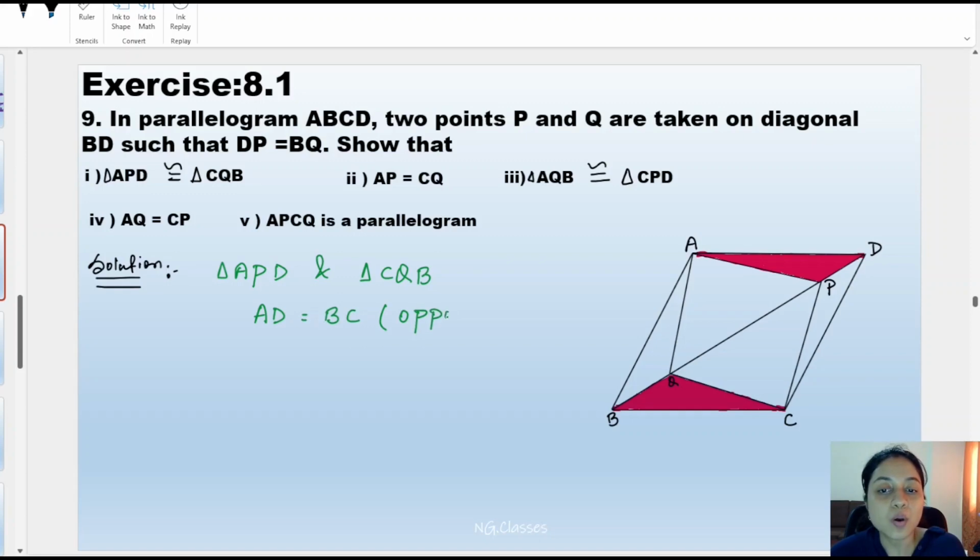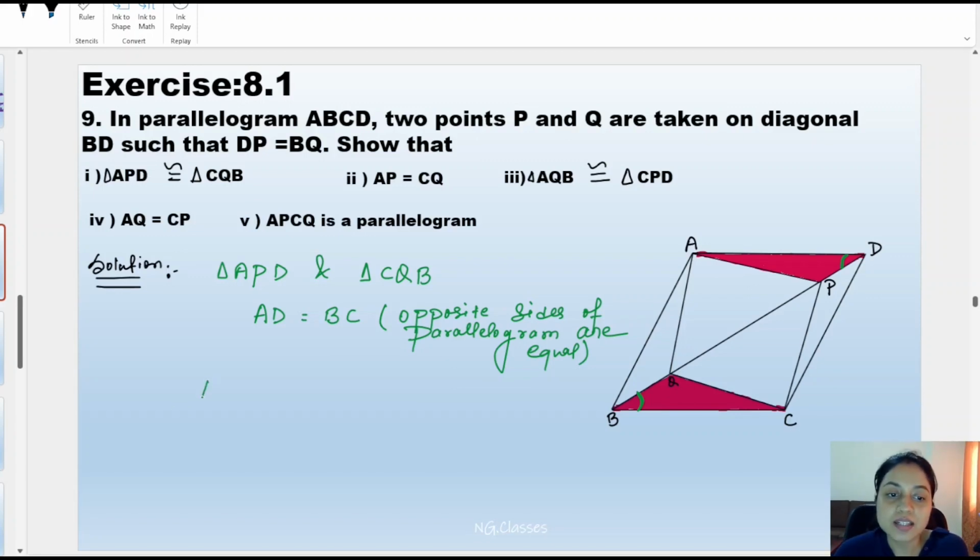Let's write it. Opposite sides of parallelogram are equal with each other. After that, we can say that angle ADP must be equal to angle CBQ, a pair of alternate interior angles, since AD is parallel to BC.